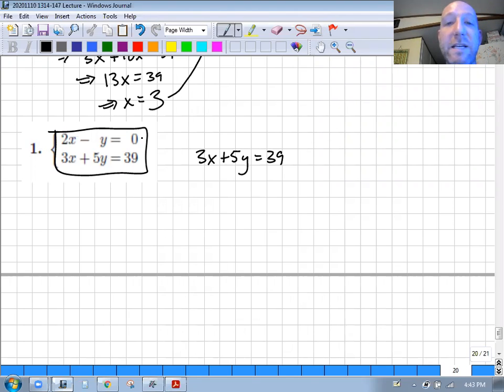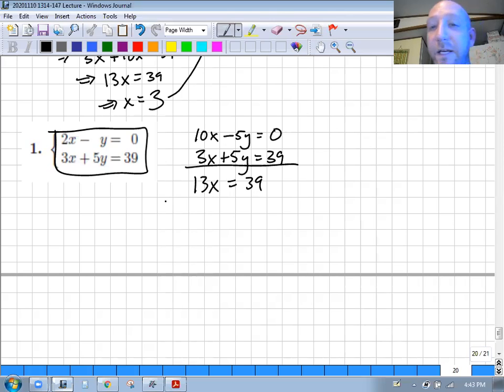If I take the first equation and I multiply everything by 5, I get this. Now, why did I multiply it by 5? Because now if I add these together, the y's go away. See, I get 13x equals 39. And I can divide everything by 13 and I get x equals 3.